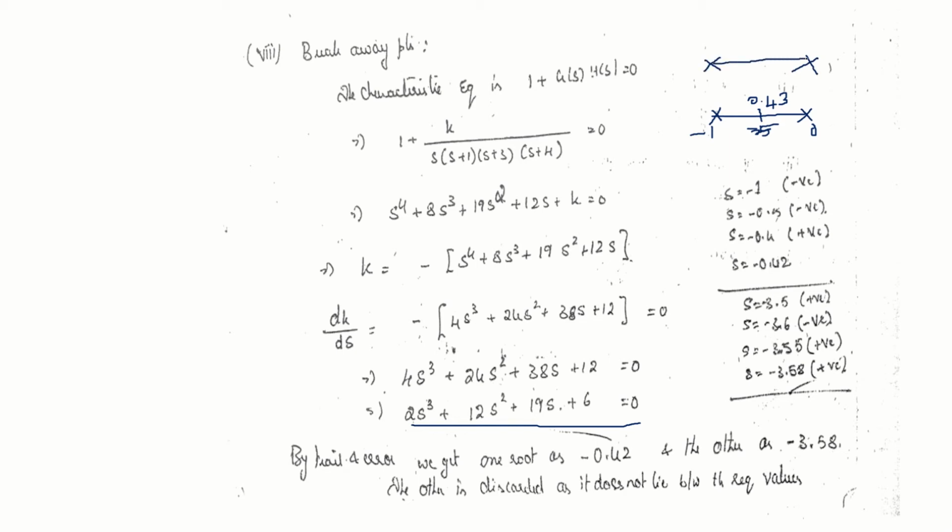Try -3.5, you'll get positive, then increase the magnitude. -3.6, you'll get negative. That means somewhere in between it is. If you try that way, -3.58. So for one value you get negative, one value you are getting positive, means it is in between. So it is -3.58.